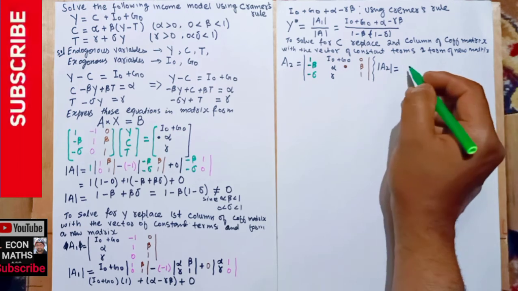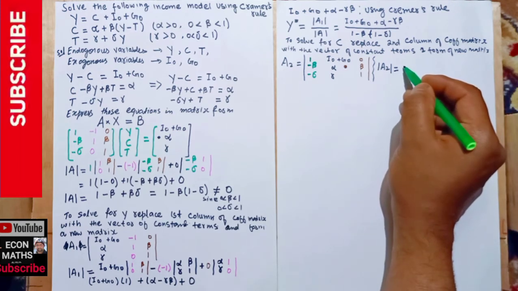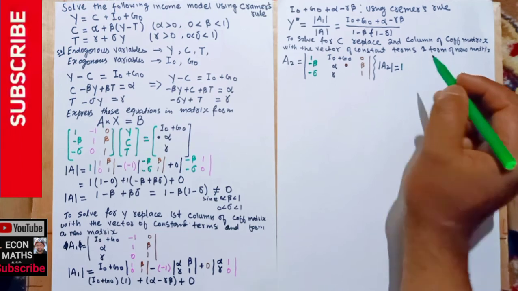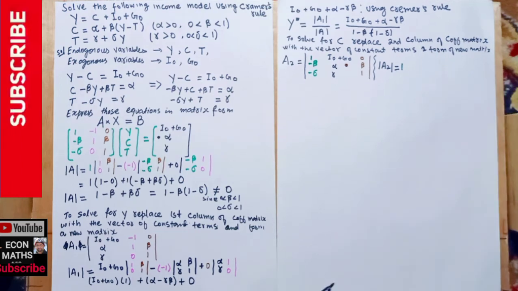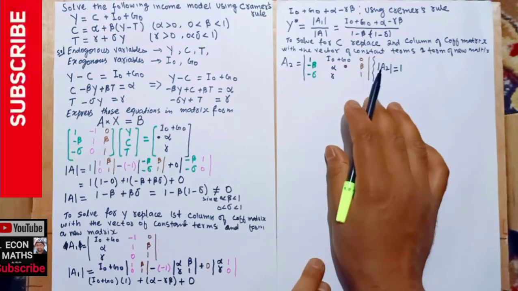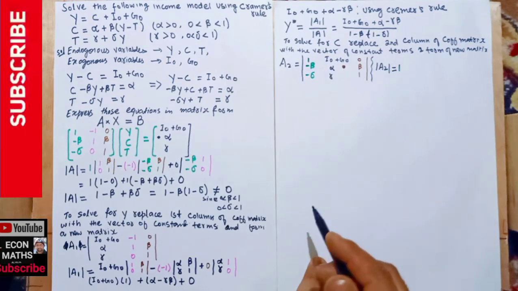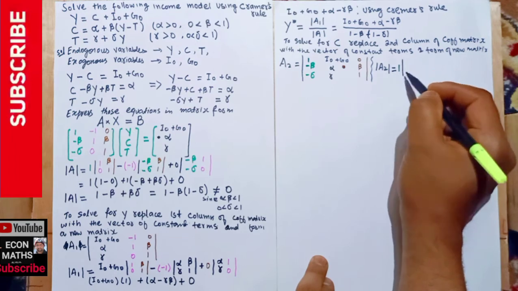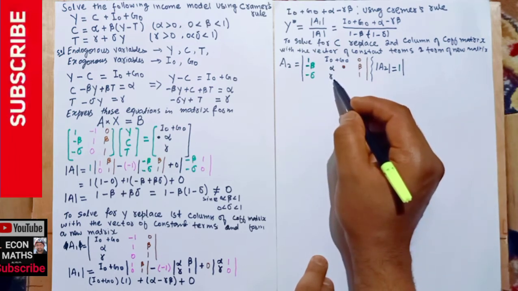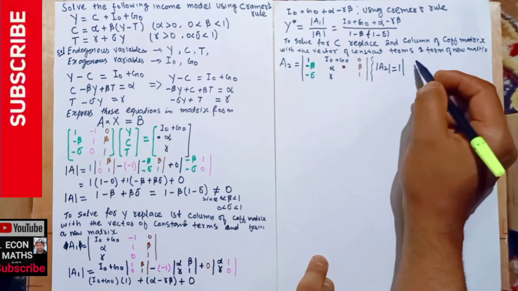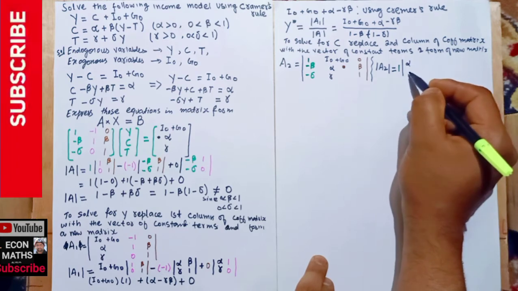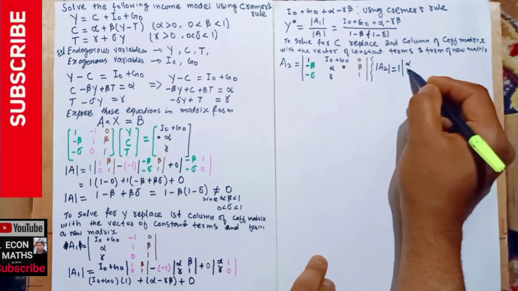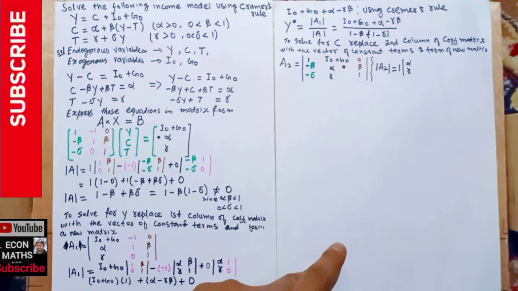I will use the proper color for the sake of understanding. Now we mentally delete the row and the column in which it appears and take the determinant of the remaining elements. Now the remaining elements are alpha, gamma, and beta and 1.